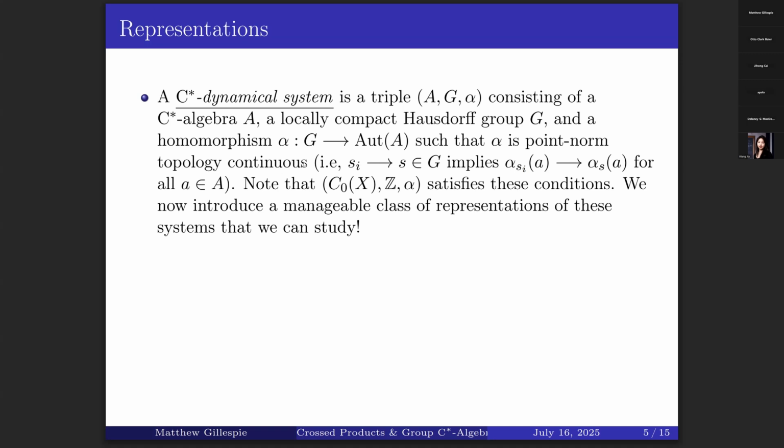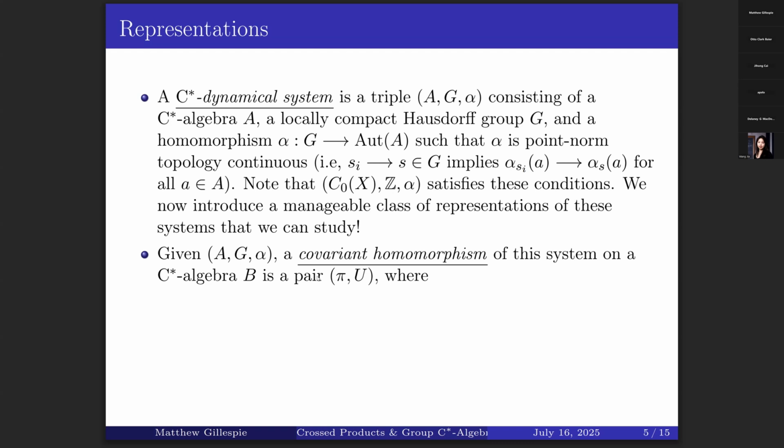That's a kind of vague term, because we have three different things here: a C-star algebra, a group, and an action. So our representation theory ought to encapsulate all three of those things. We also want to restrict our attention to a manageable class of representations of this system. So I'm going to introduce what's called a covariant homomorphism, or less generally, covariant representations of this system.